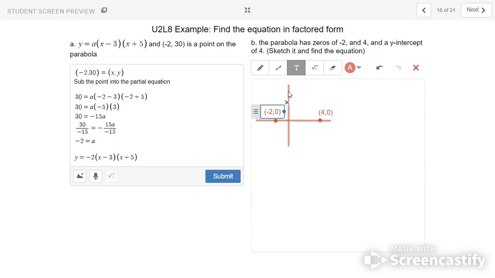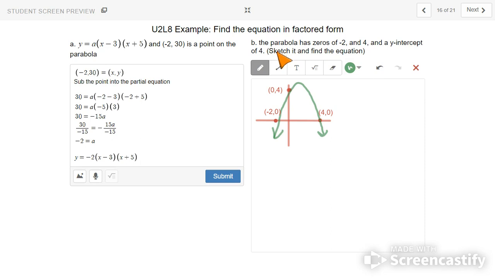We also know that at (0, 4) we have a y-intercept. Even though I don't know exactly what the graph looks like, my guess is that it's going to be a parabola that opens down, so we have some value of a that's negative.